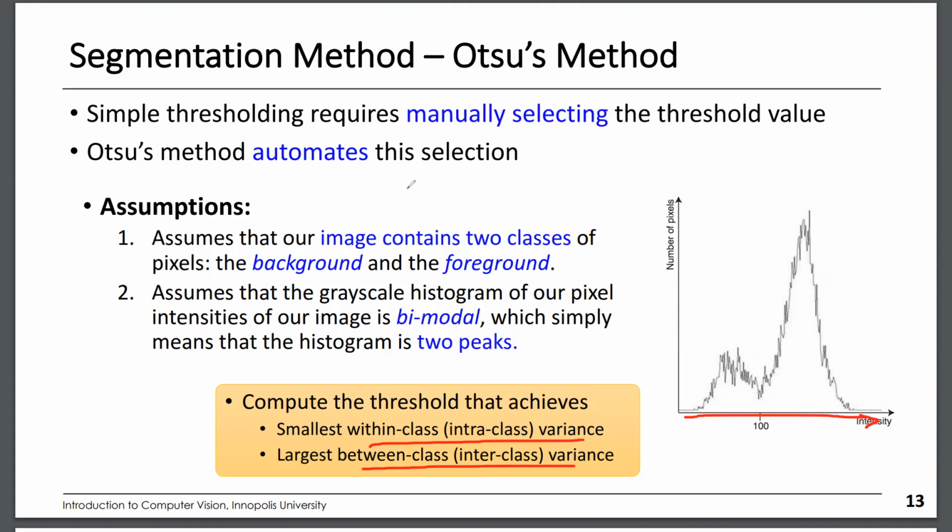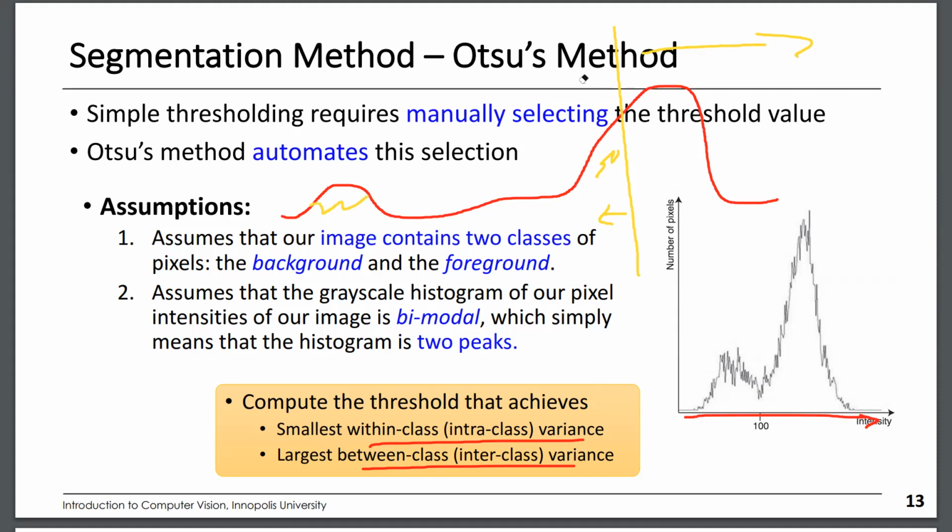So let's take a small example just to understand or refresh what this means. If you take your threshold in this place, the variance on the right side is going to be small, but the variance of the left side is going to be huge, right? So this is a bad threshold. But if we take something around here, all of these pixels don't have any representation in our image.